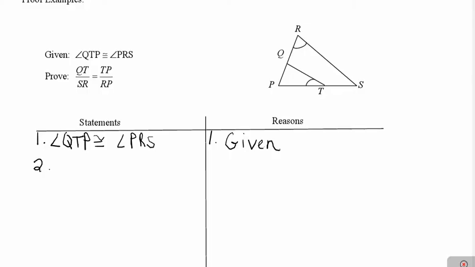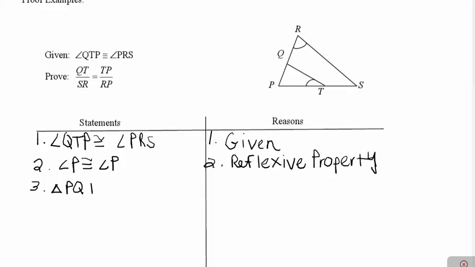We just need one more pair of angles, and notice that both the small triangle and the large triangle share angle P, so we can use the reflexive property on angle P. And now we have enough information to prove that the two triangles are similar by angle, angle. So triangle PQT is the smaller triangle, and that's similar to triangle PSR by steps 1 and 2. And now we're just going to take it that one step further.